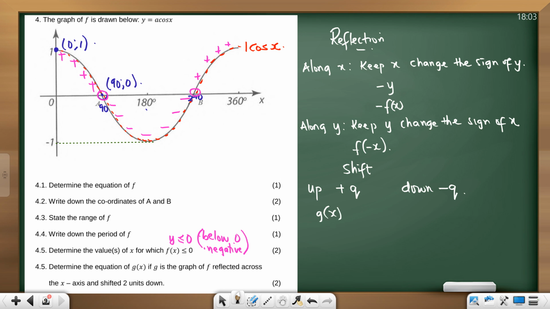G of x. This says f of x is reflected along the x. It becomes negative f of x. And then down 2 units, minus 2. What is my f of x, by the way? We said cos x. Put this in brackets. Now expand. Negative cos x.